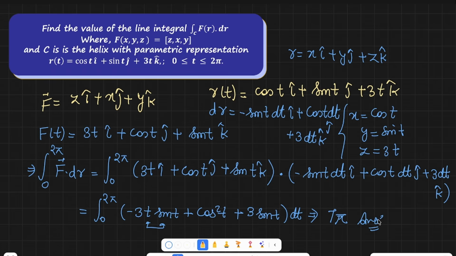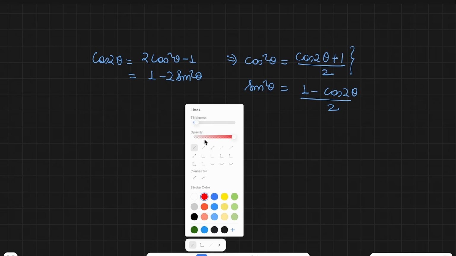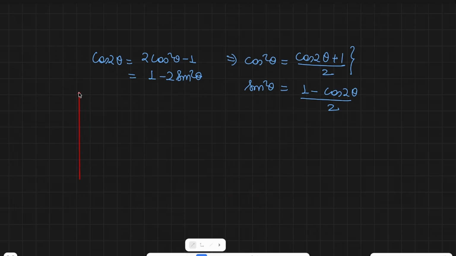And one more thing, as I explained to you, this is called a helix. So here the helix is basically a 3D curve. Because of that it is in Z, then I will explain in 3D form. So it is basically a 3D form like this. Let's say I have this Z axis, this is x axis, and let's say this is y axis. Then this curve is basically starting from here.